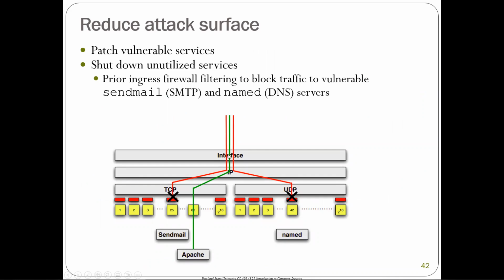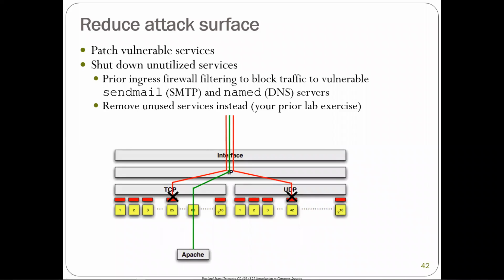You could actually filter the traffic, and then you keep these processes running, but no traffic can reach them. But the better thing to do is to just remove the unused services altogether. That's where the scaffolding in your lab is. First, you can filter it, but then eventually you actually do want to just shut that service down.